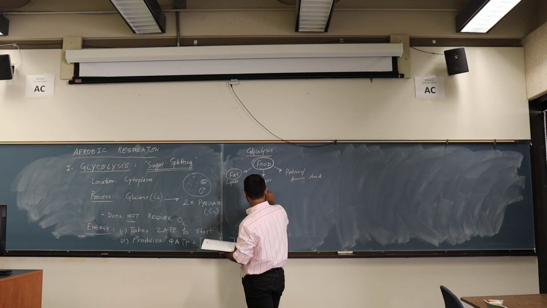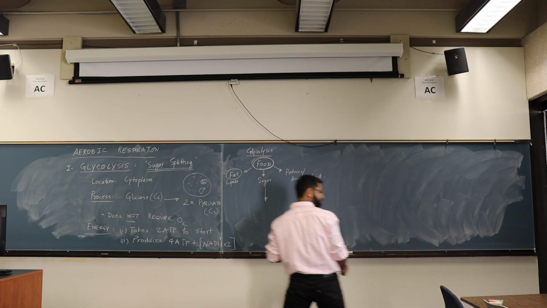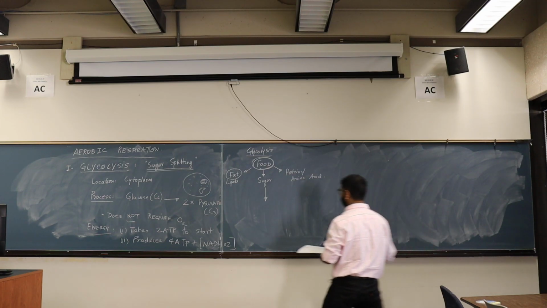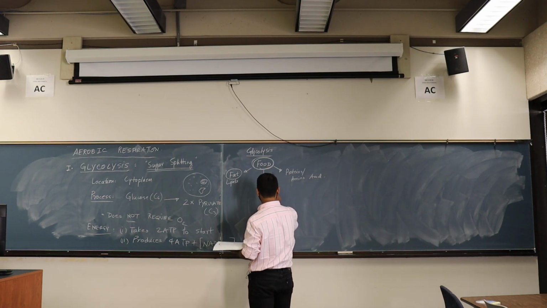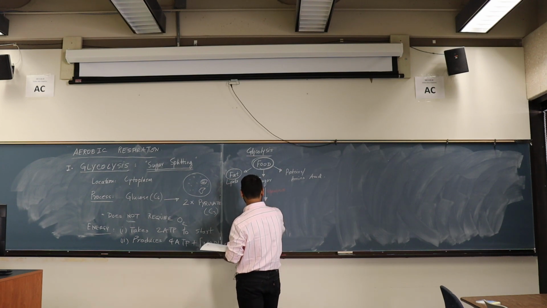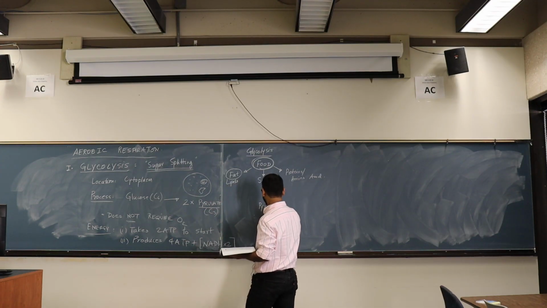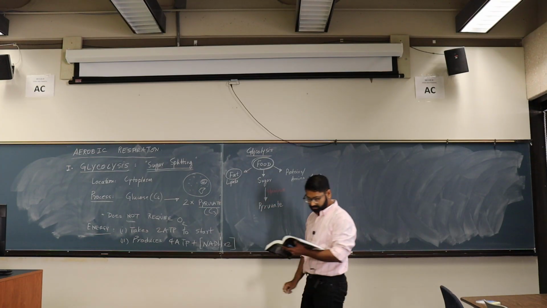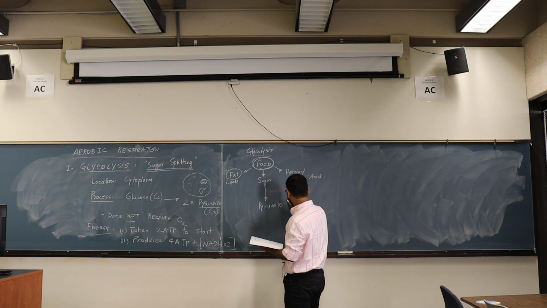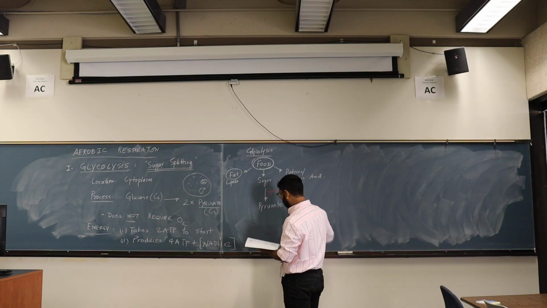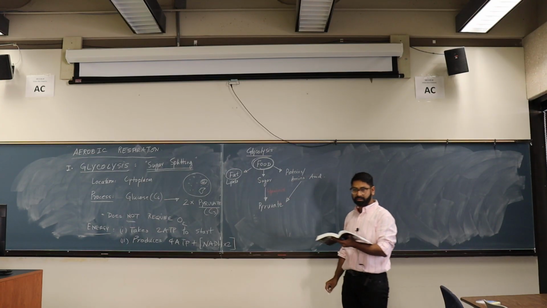Now, in glycolysis, this is the glycolysis part that will happen in here, and you start producing pyruvate, as I mentioned here. Amino acids also produce pyruvate.